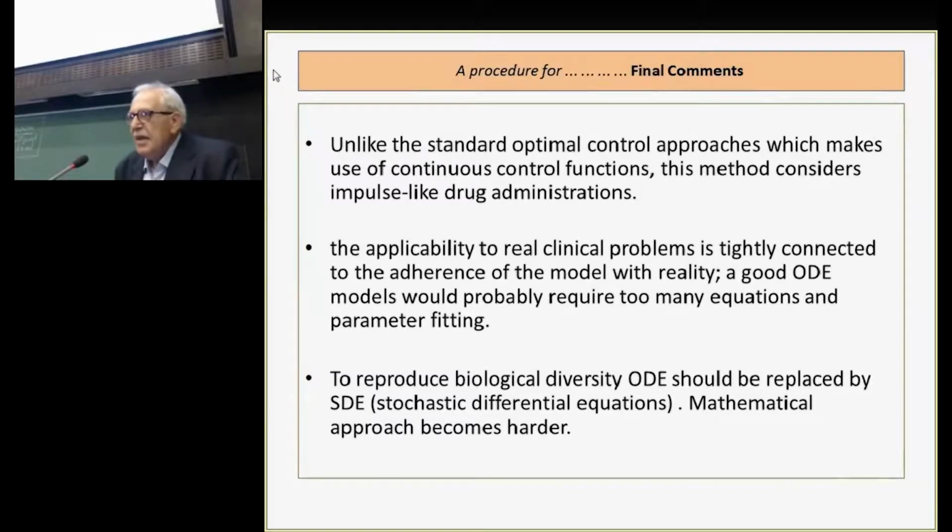Okay. Now, the model they use is simple, and this model represents one person or one mouse, I mean, a mean mouse. Let's say it's a median. How can you represent biological diversity with ODE?